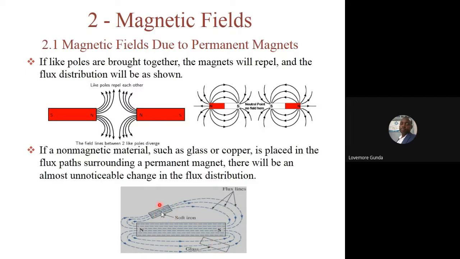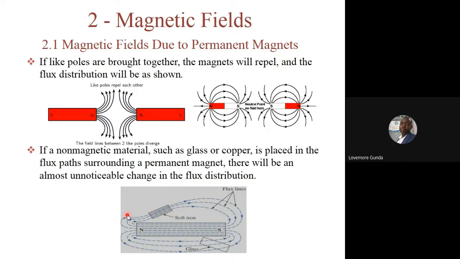But for a magnetic material, right, the flux lines tend to be concentrated in the magnetic material, right? Because it is a low reluctance area, that means it offers minimum opposition to the establishment of flux within it.